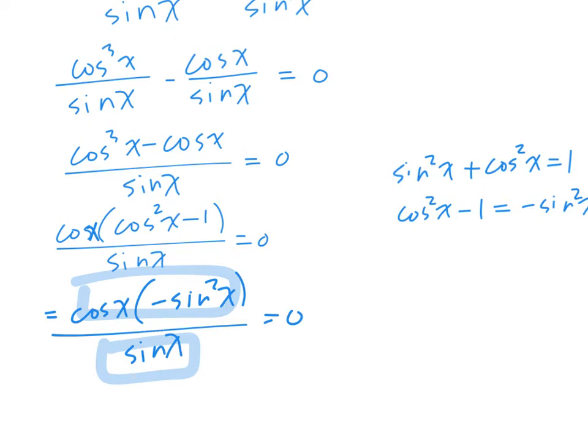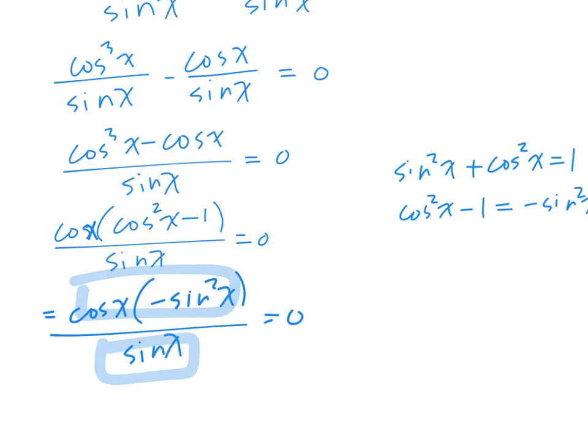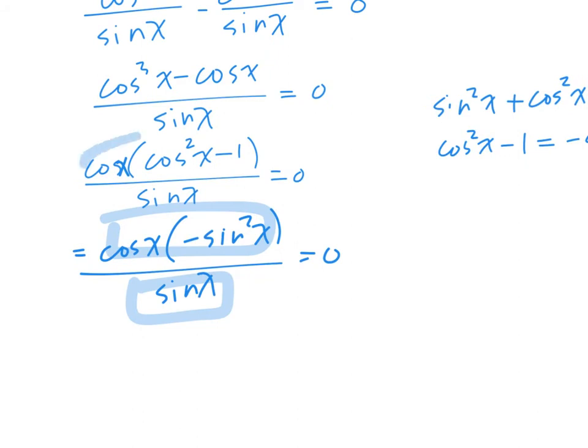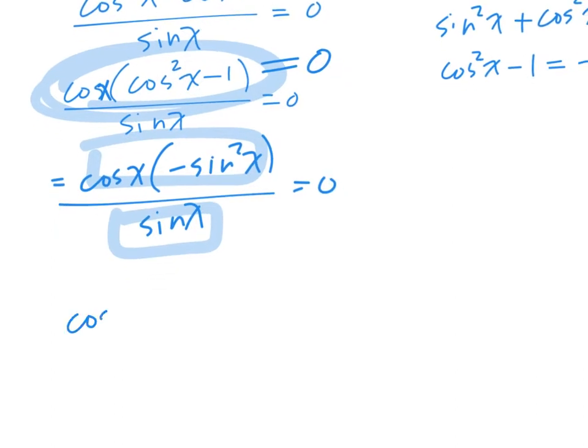The top is going to be the one making it 0. We could have just solved at this part. We didn't have to go to the negative sine squared. Once you make it into a factor form, just make it equal to 0. The only way that whole thing is going to equal 0 is the numerator equal to 0. But anyways, let's do the second part. Cosine x times negative sine squared x equals 0.